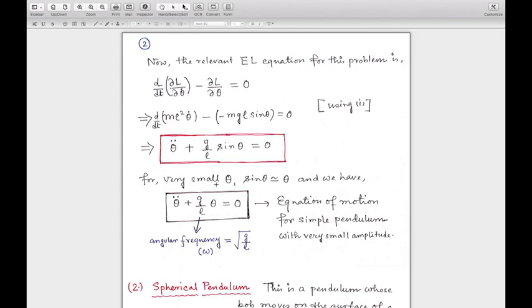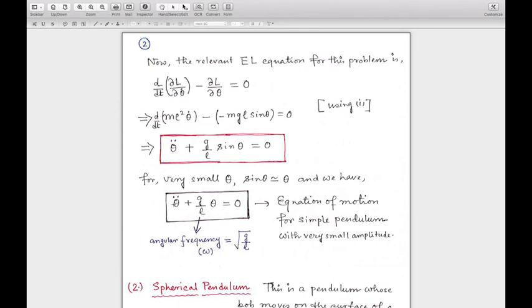Okay. Now for a very small theta, sin theta is tending to theta. So we have this simplified equation, theta double dot plus g by L theta is equal to 0. Now remember this one, solving the general form for an arbitrary theta is not evident analytically.